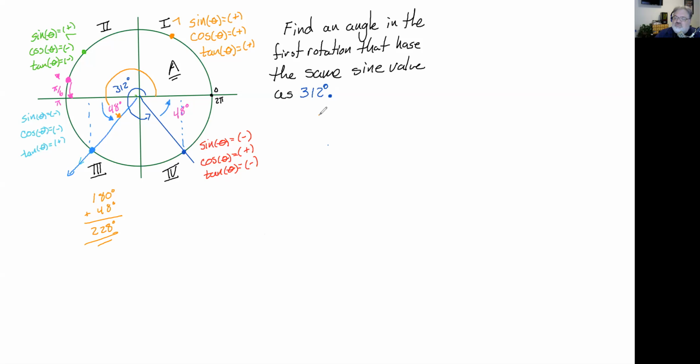So 228 degrees will have that same value. We don't know what that value is, but that's okay. We weren't asked for what that value is. I don't know what the sine of 312 is, but I do know it's equal to the sine of 228.